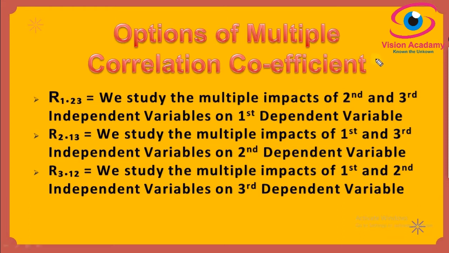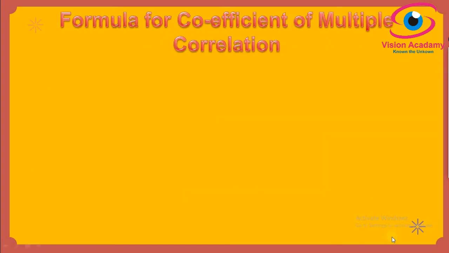So these are the options we have in the multiple correlation coefficient: R1.23, R2.13 and R3.12, which is explained in my first video. In this video I am going to solve some problems.